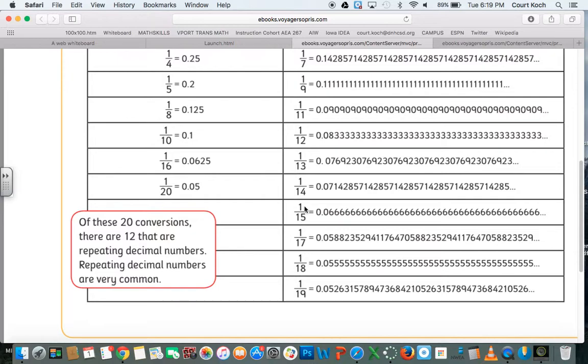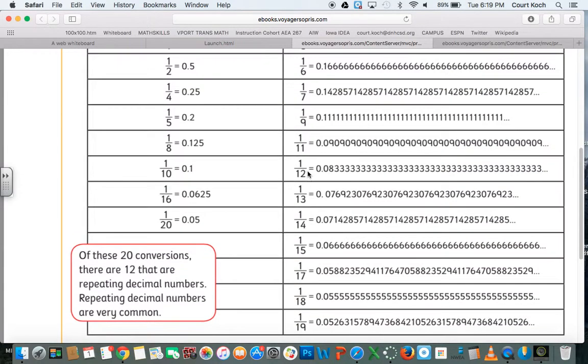In other words, there's no exact answer. It just keeps going and going. No matter how many times I try to cut it, 1/9 is going to be 0.111111 all the way through infinity. I can't ever pin it down and say it ends here. And that's why we call them repeating.